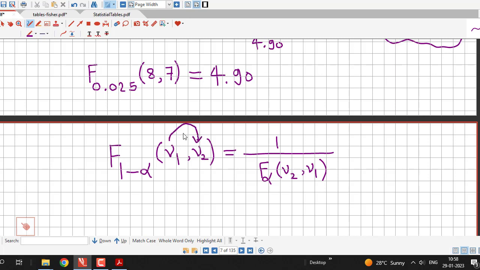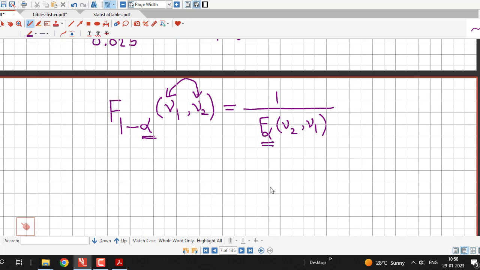We have to interchange the degrees of freedom, and if I have 1 minus alpha here, I will consider F alpha here. Using this result, we decide that critical point, which is F.975. So here nu1 is 8 and nu2 is 7. This F suffix 0.975 is nothing but 1 minus 0.025 with 8 and 7 degrees of freedom.